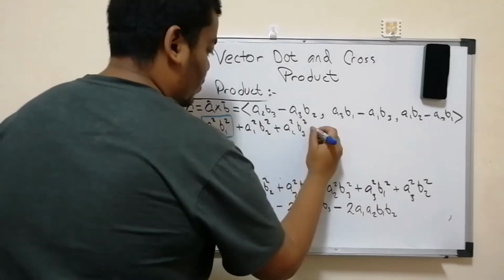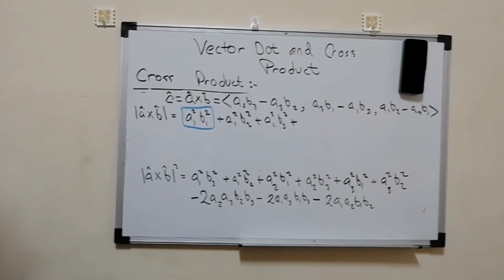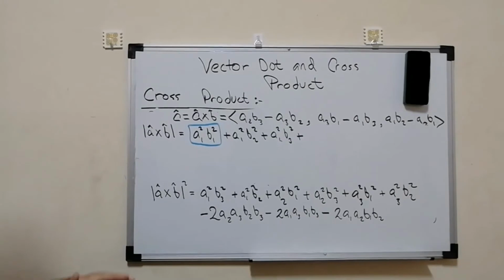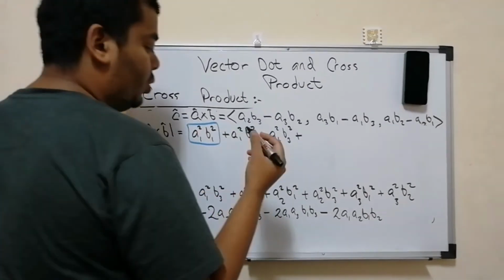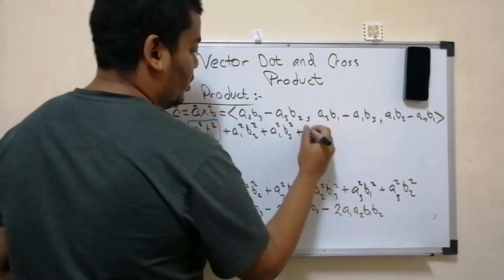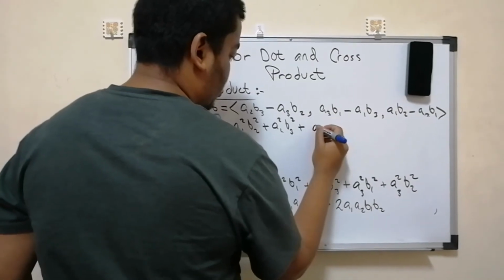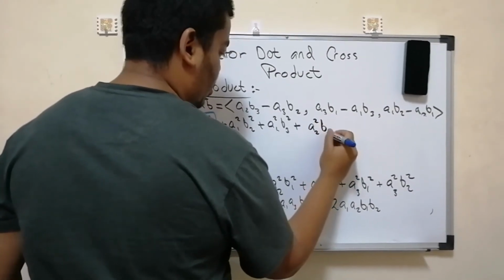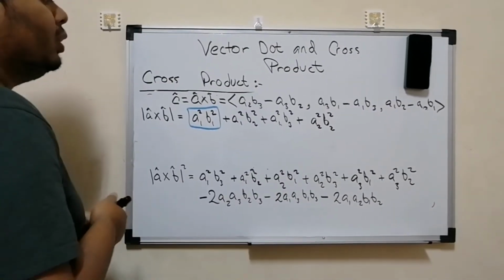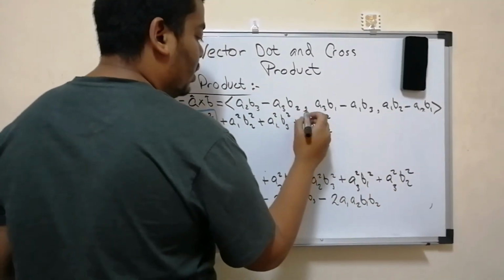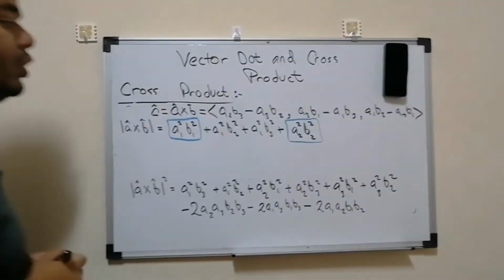Okay, now let's introduce another new term: A2 square B2 square. Plus A2 square B2 square. I will again highlight it in blue so it reminds me that I need to subtract these terms so that the equation remains unchanged.